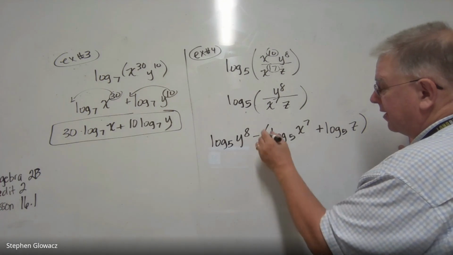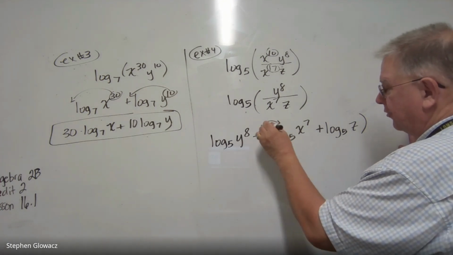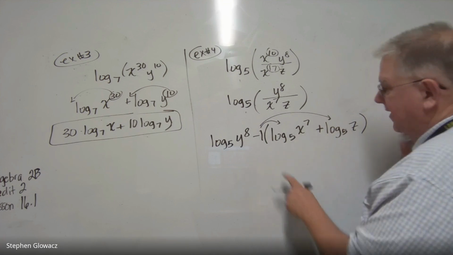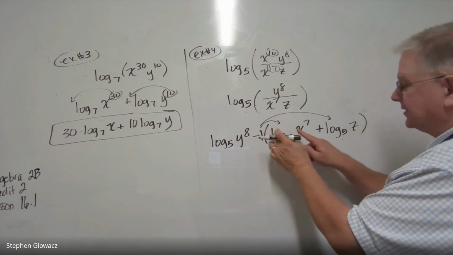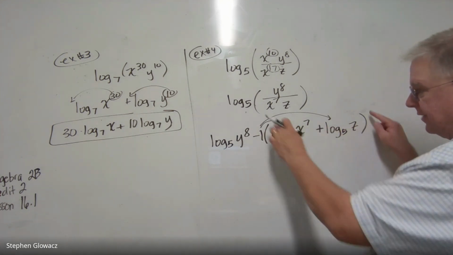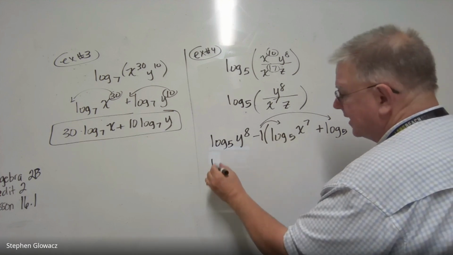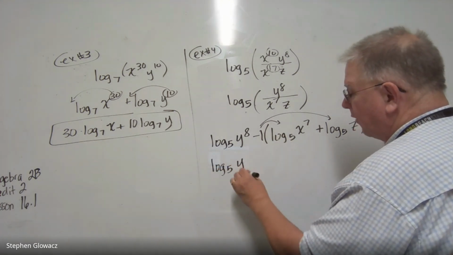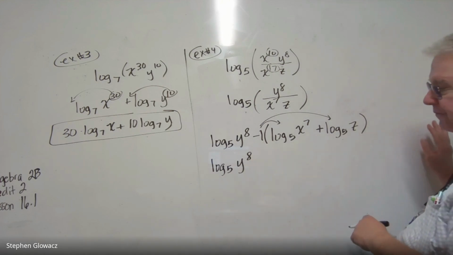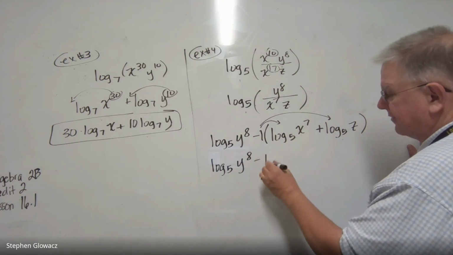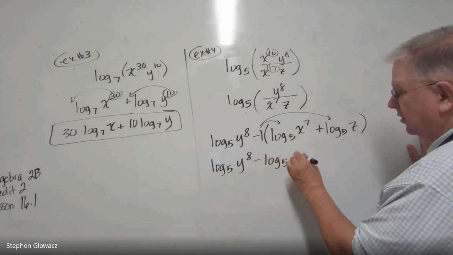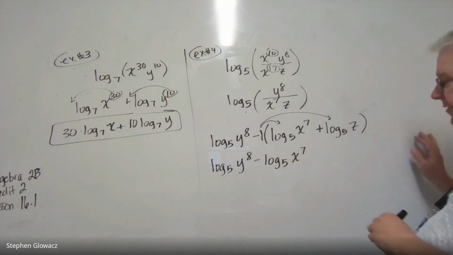that negative. Remember, that's like a -1 there to both terms in the parentheses. And that's why we had to have the parentheses, because that negative gets distributed to both logarithms. And we indicated that with parentheses. So our log base 5 of y to the 8th, we just copy that down. So -1 times log base 5 of x to the 7th gives us a negative log base 5 of x to the 7th.